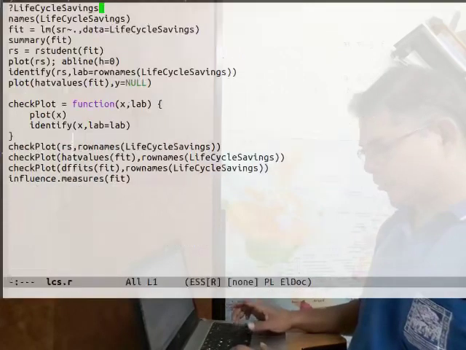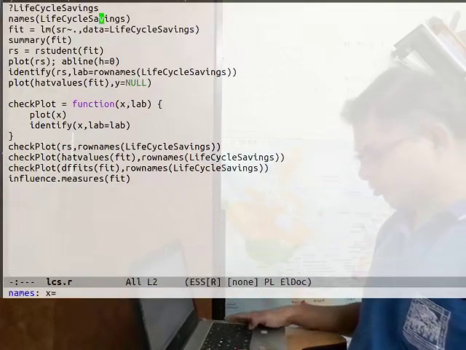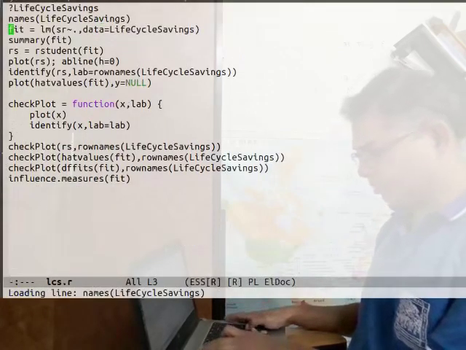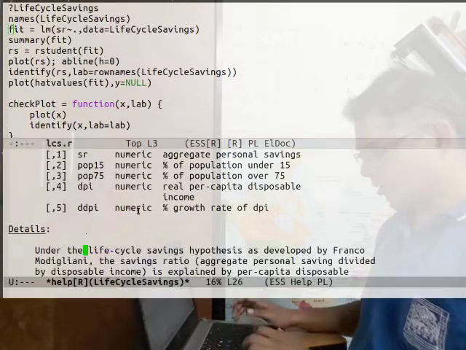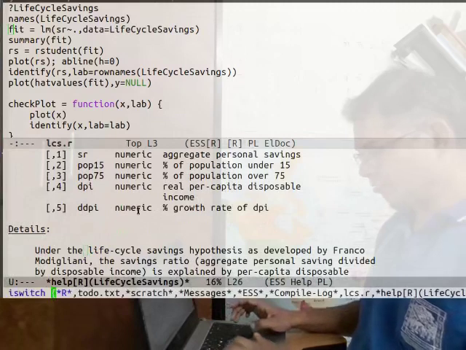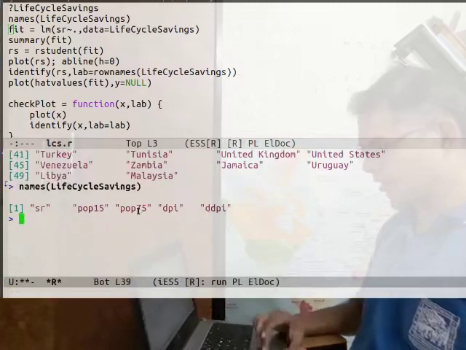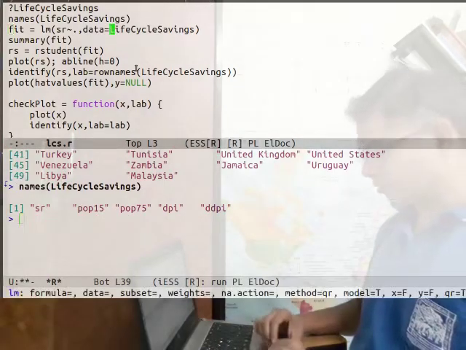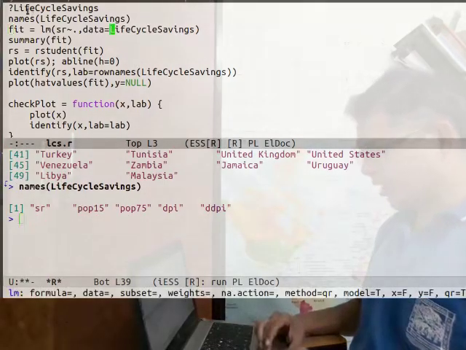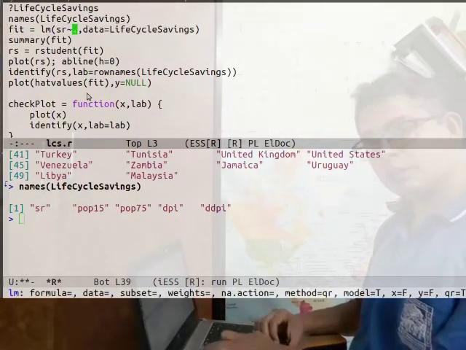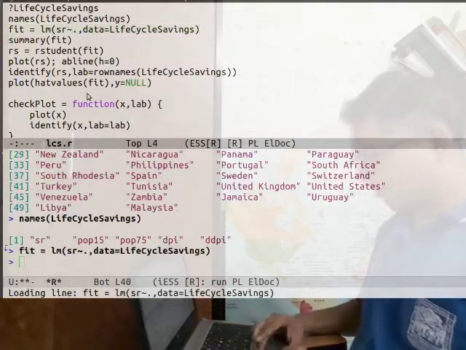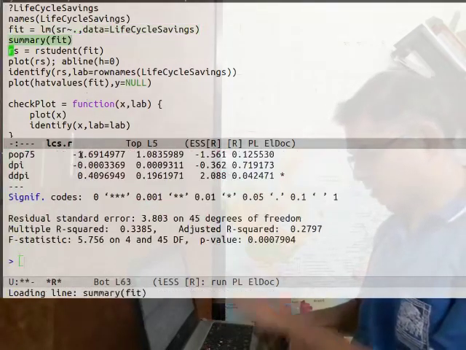We'll have these names: SR, POP 15, POP 75, and so on. I will carry out the fit. I will fit SR onto all the rest. This dot notation means all the rest. And I get a fit.